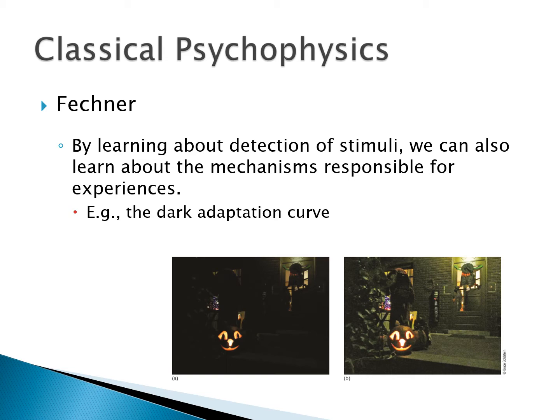But those psychophysical methods also allow us to learn about the mechanisms responsible for experiences. And one example that we will talk about very soon, as we are talking about the eye, is the dark adaptation curve, and what this tells us about the mechanisms of the eye and how we adapt when it gets dark.